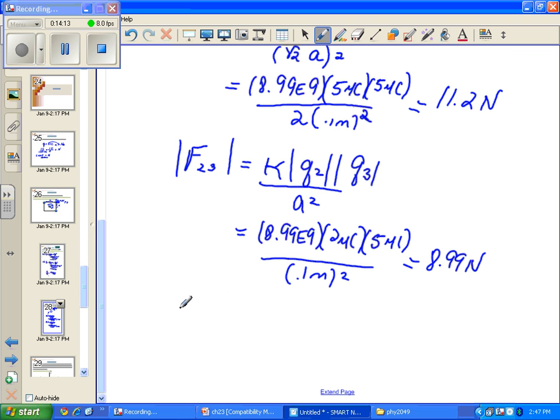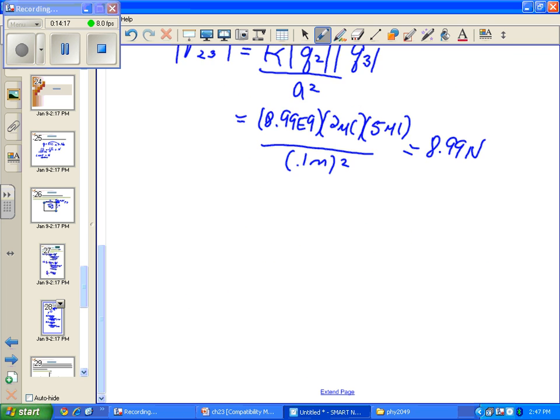Well, now that we have the magnitudes, we can actually write the vectors themselves. Let's begin with F23 since we just ended with it. F23, recall, only had a negative x component. And so here we have the magnitude of that x component. Remember, it lies only along the x-axis. There's no projection on y.